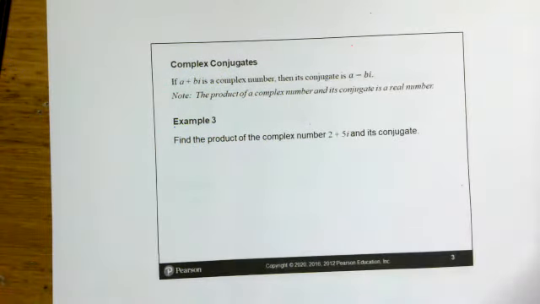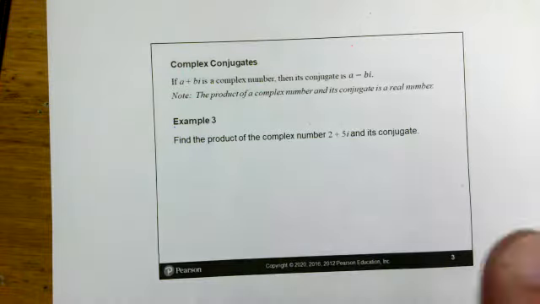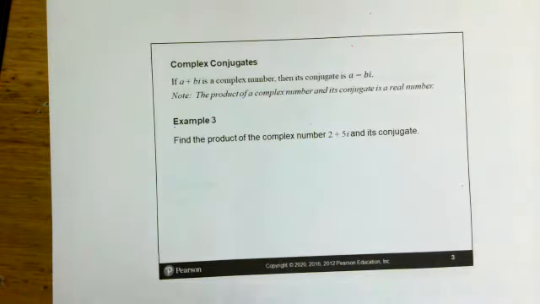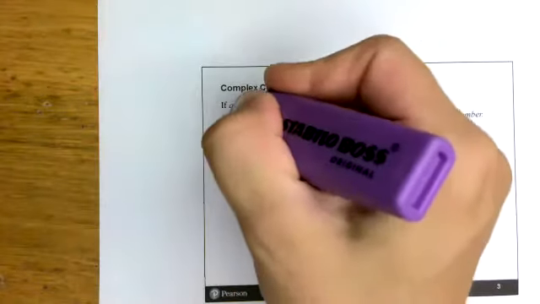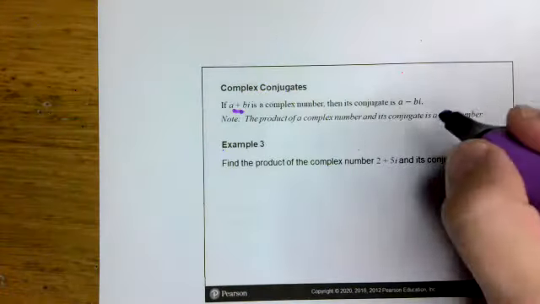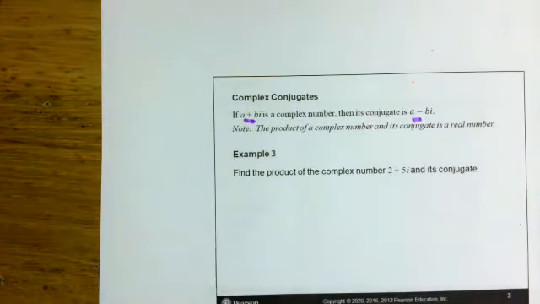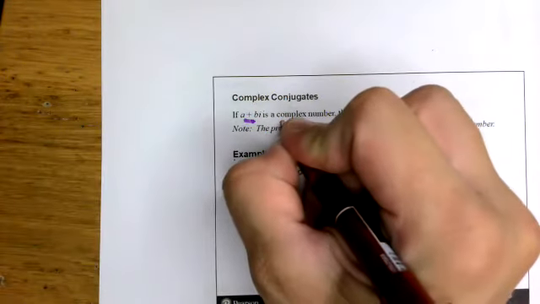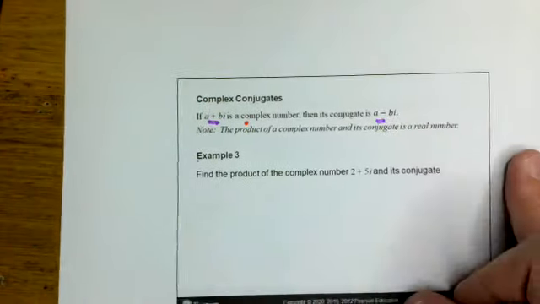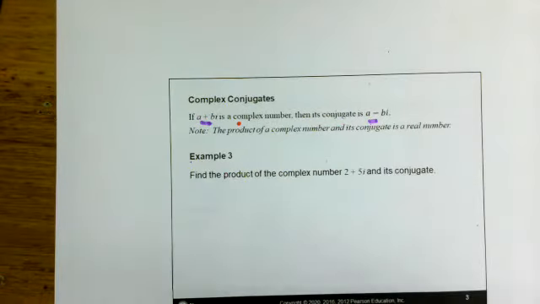You could also say you change the sign of the second term. So a plus bi is a complex number. Its conjugate is a minus bi. That is all. Okay. The product means multiply, right? The product of a complex number and its conjugate is always a real number. So the reason we need a conjugate is to get a real number.